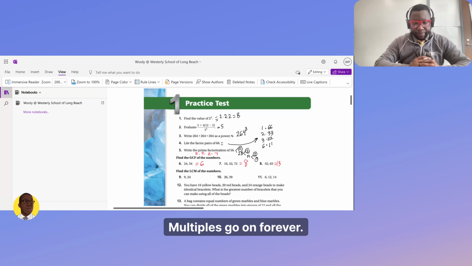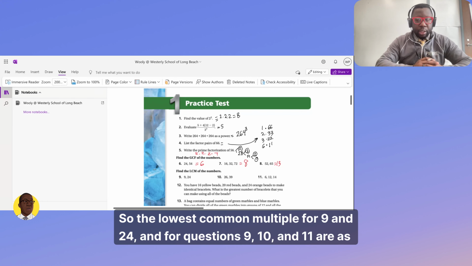Multiples go on forever. So the lowest common multiple for 9 and 24, and for questions 9, 10, and 11 are as follows.